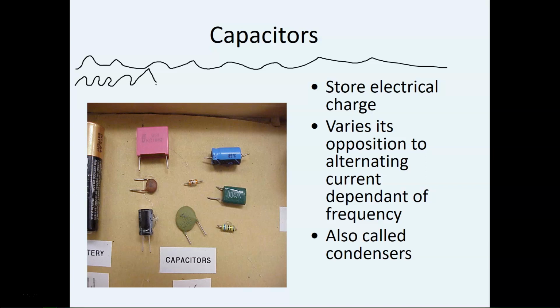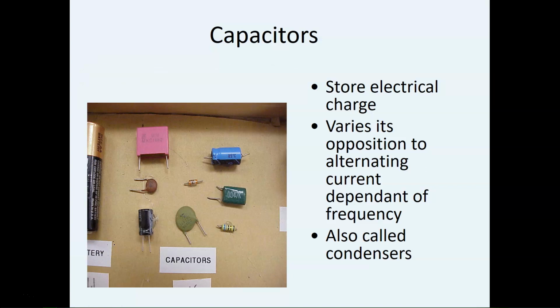Then whenever you get a particularly low dip, that's when they'll discharge. So they are able to vary their opposition to the current depending upon the frequency and other things. That's pretty much their job, to stabilize things and to provide a boost or take some of the extra whenever needed. It's an interesting thing about capacitors.